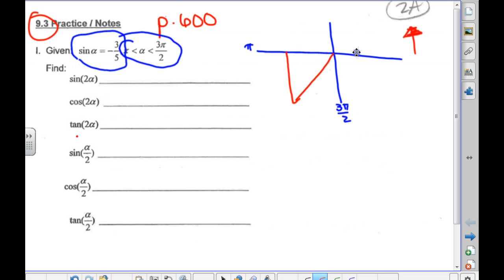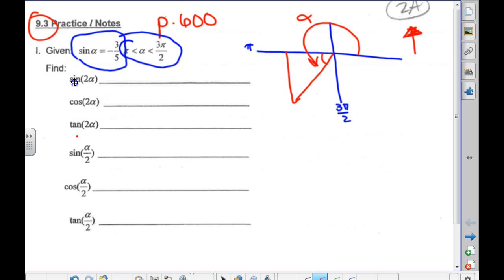Angle alpha is actually the angle that takes you all the way around to here. When we talk about this triangle, we talk about the reference angle being here, and we do opposite over adjacent or whatever. But the angle is what would take you all the way to the third quadrant. That's going to matter when we get down to these half angle ones.